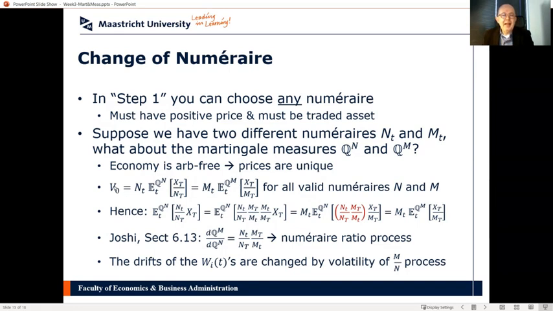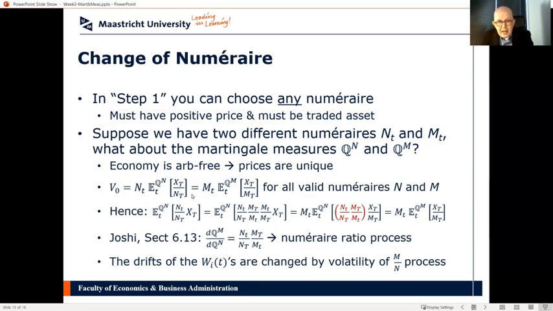I can choose n as my numeraire, and then take the expectation of the payoff X capital T using the Qn probability measure. And then to get it back to euros, I must multiply with today's value of the numeraire, n small t.